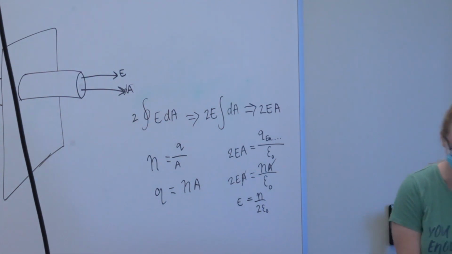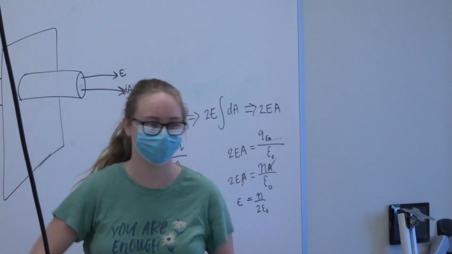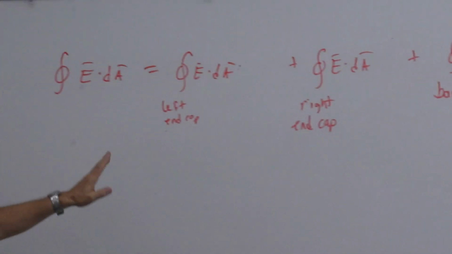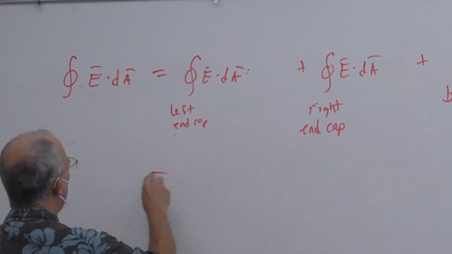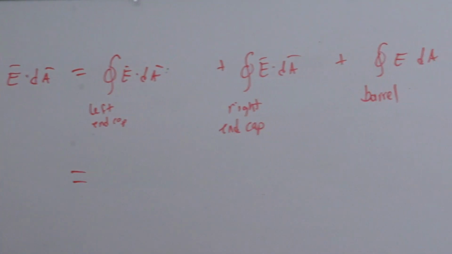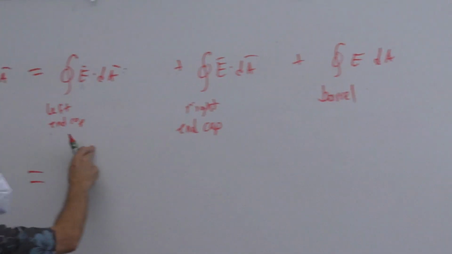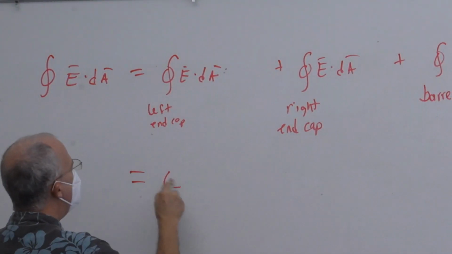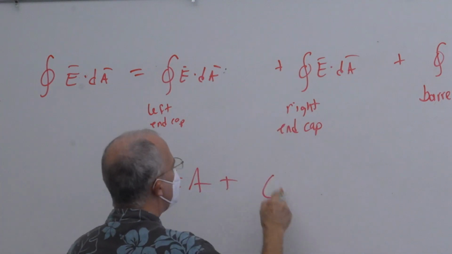Nice going. All right, so I didn't erase this for a reason. These integrals are always going to be EA or 0. On the end cap, like everybody said, it's EA. On this end cap, it's EA.